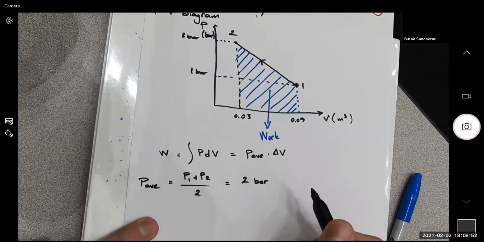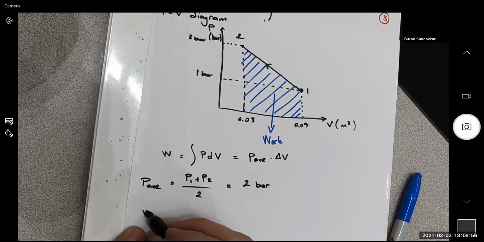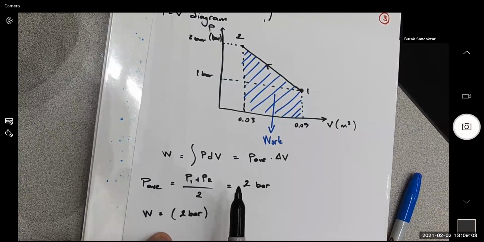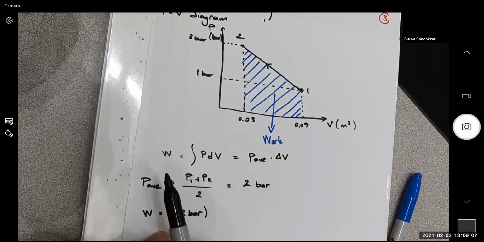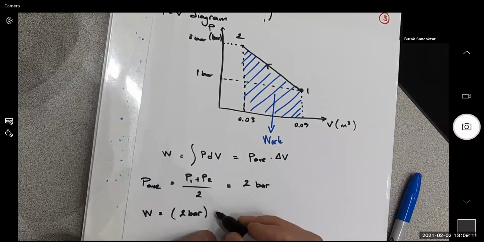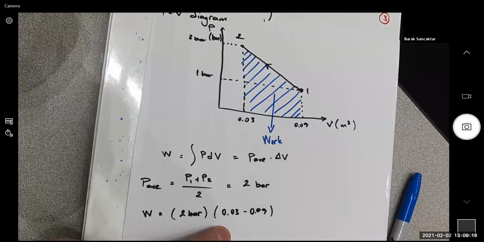Right? 1 plus 3 over 2. My pressure, the constant, I can take off from the integral and take care of the rest from state 1 to state 2, delta volume V2 minus V1.